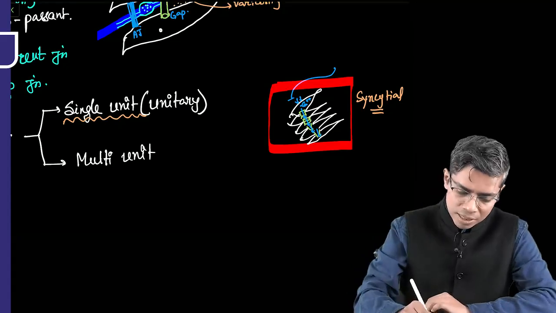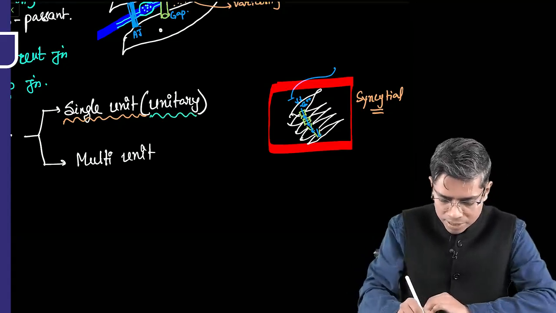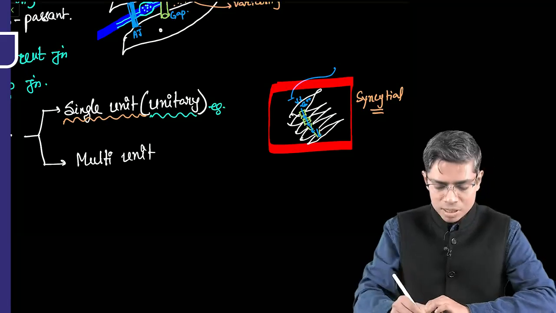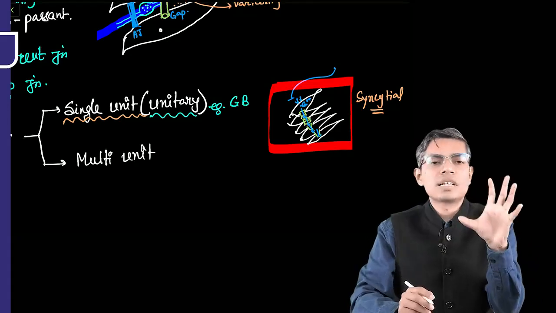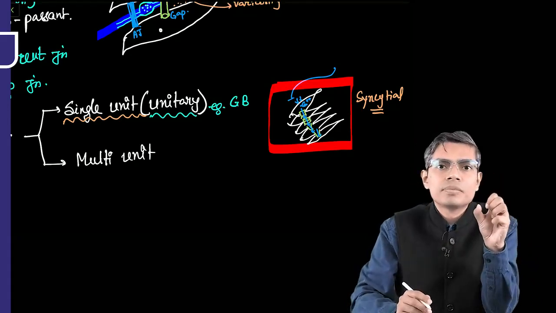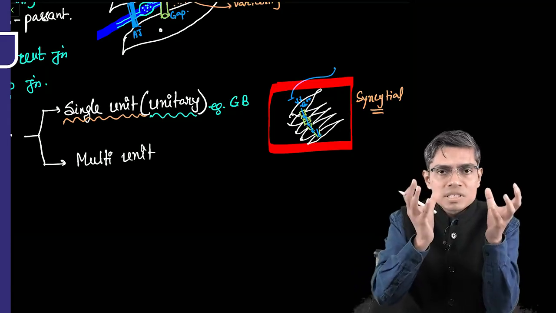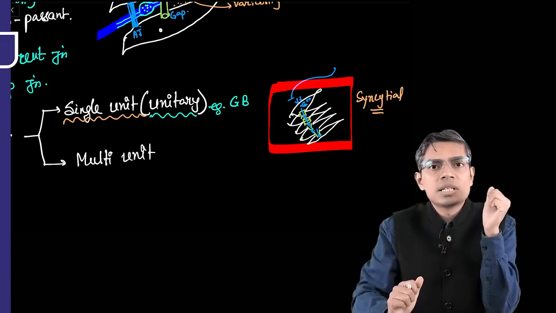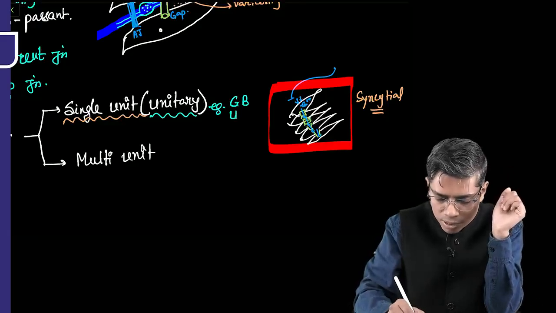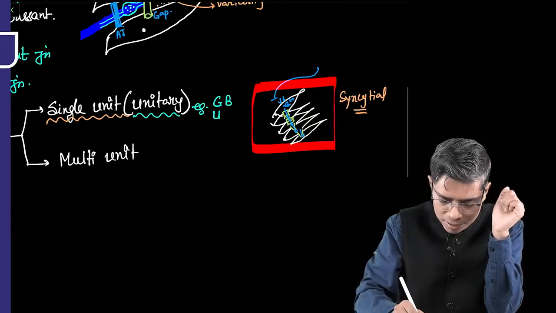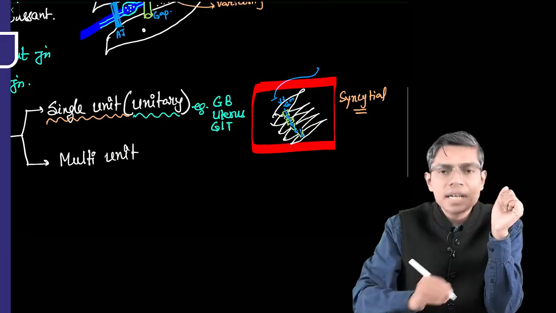Most of the smooth muscle in our body are examples of this unitary smooth muscle. Suppose gallbladder contraction. Whenever the gallbladder is contracting, it is contracting as a whole. All smooth muscle of the gallbladder contracts simultaneously because a huge amount of gap junction is there. Suppose contraction of the uterus, right? Not only the uterus, suppose contraction of the GIT.